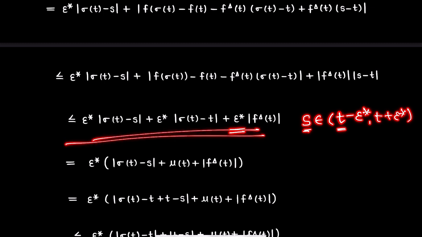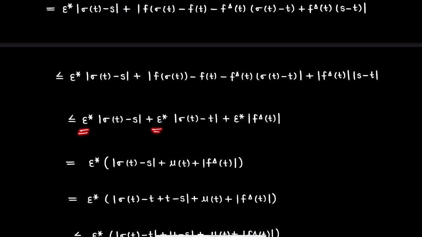So we get this whole term. Now again we can take epsilon star common. So we get this modulus of sigma t minus s plus mu t plus modulus of f delta t. Now we have replaced this sigma t minus t by mu t by definition of graininess function.